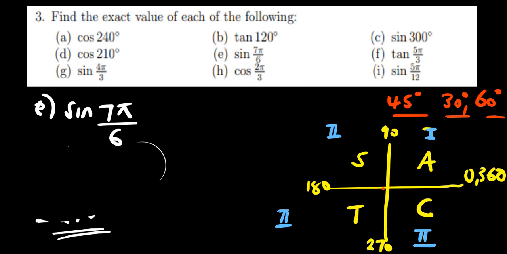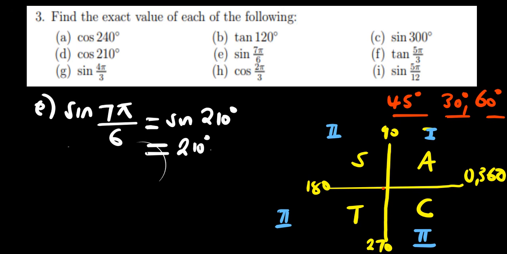Allow me to write it there. So this is the same as sine 210 degrees. Now sine 210 degrees, 210 is in this quadrant. We're going to subtract 180, so 210 degrees minus 180 degrees is 30.